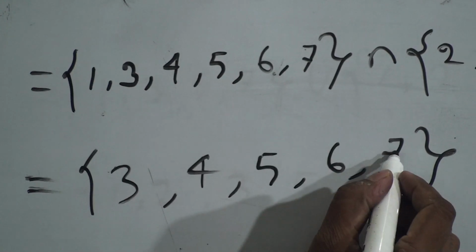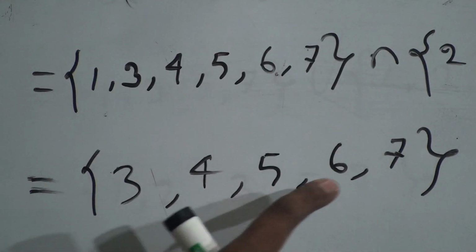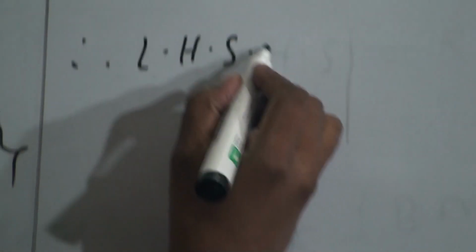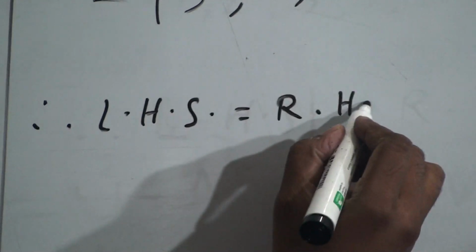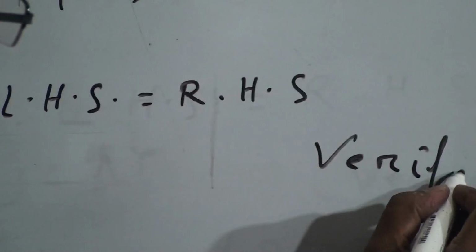This is the value of right hand side. Value of left hand side also 3 4 5 6 7. That means we can write now, therefore left hand side is equal to right hand side. Verified.